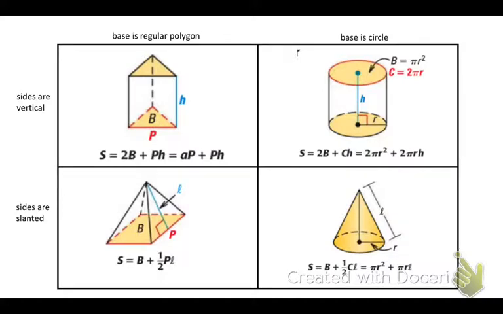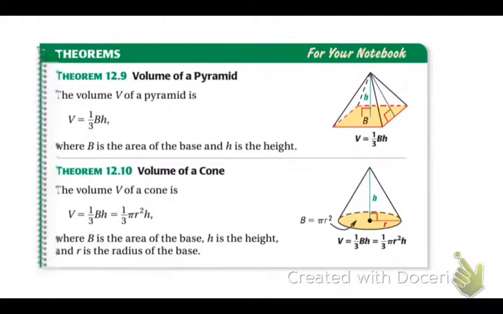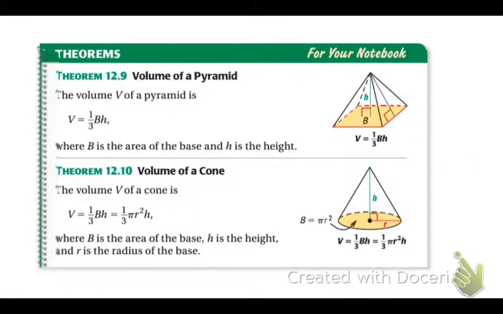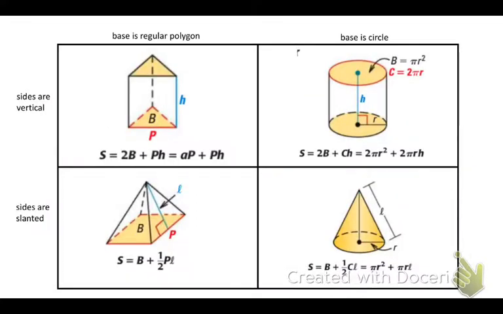So let's go ahead. This is the 12.3 slide that we've kind of been working on. Okay. So we're going to put our volume here so you have it when you go to do your homework and the quiz and the final.